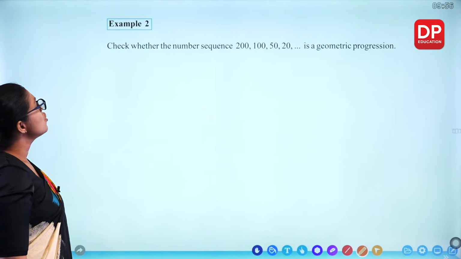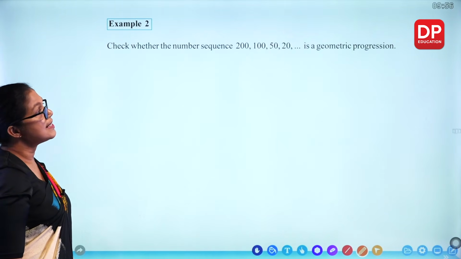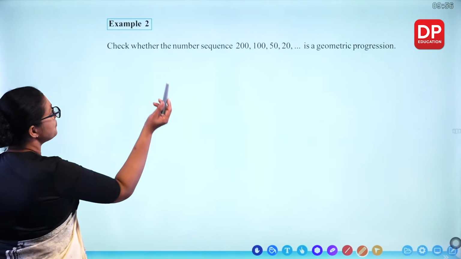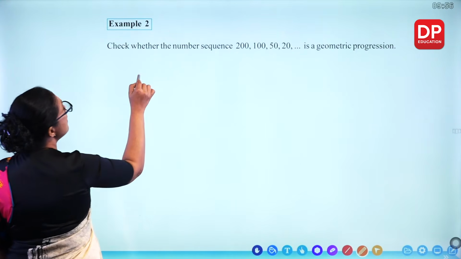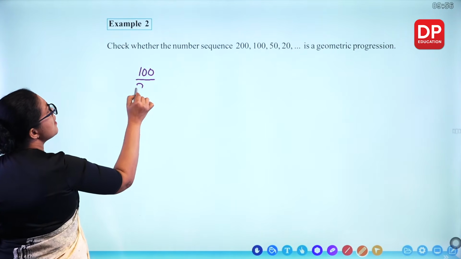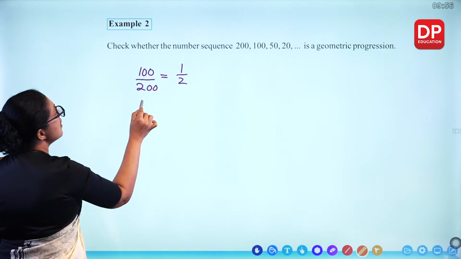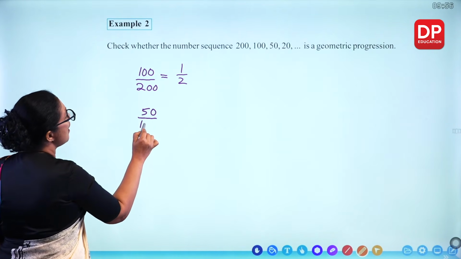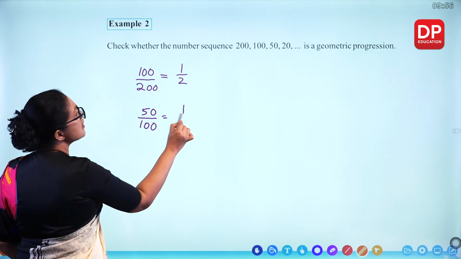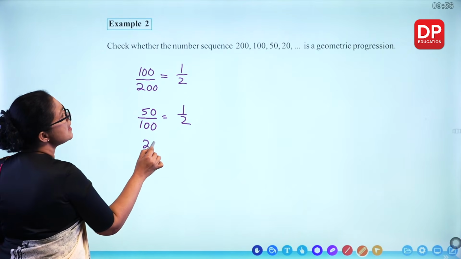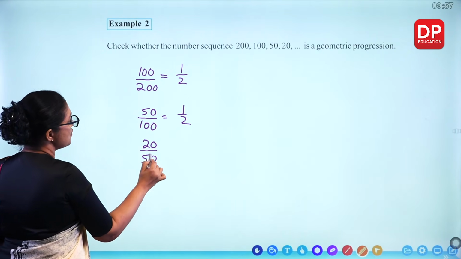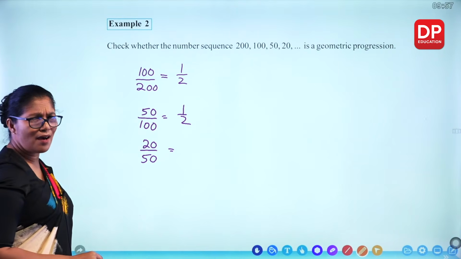Example number 2, check whether the number sequence is a geometric progression. Starting from here, any term divided by its previous term, you get half. 50 divided by 100, you get half. 20 divided by 50, do we get half?